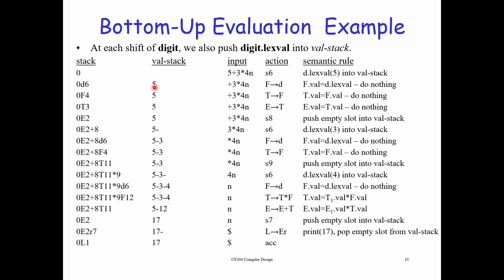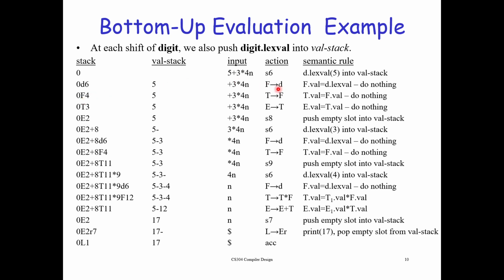Then now the stack top has 6 and the input has plus. So 6 under plus, when we observe the parsing table, we can say that it is the production F gives D. The right hand side of the production is 1 symbol, and the rule is that 2 times the symbol count is to be popped from the stack. So D and 6 will be popped from the stack.